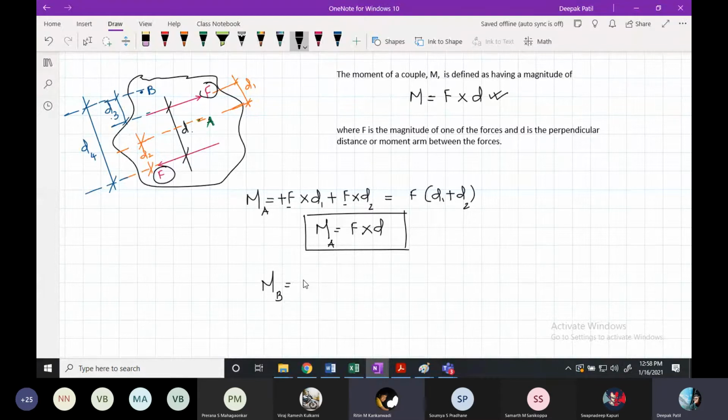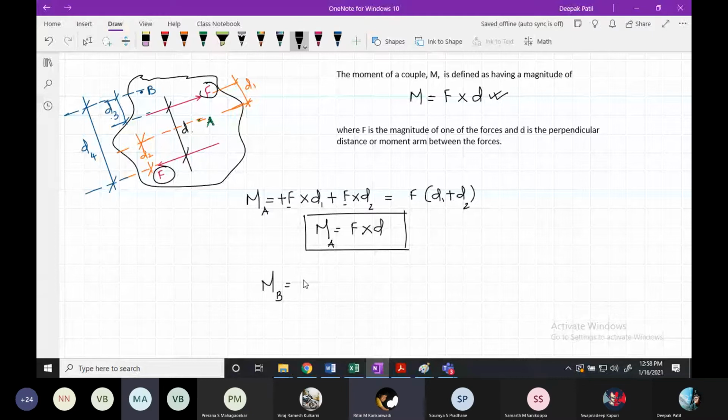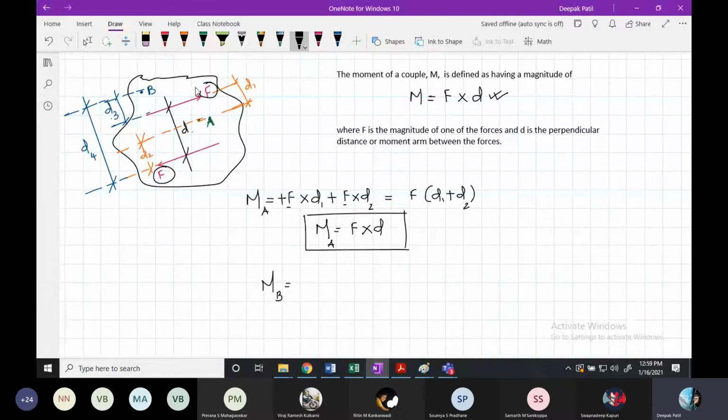It should produce anti-clockwise, right? Because you should keep your thumb here and forefinger here, and you can see that your forefinger moves in this direction. So it is an anti-clockwise movement. So I should write it as minus F times d3.